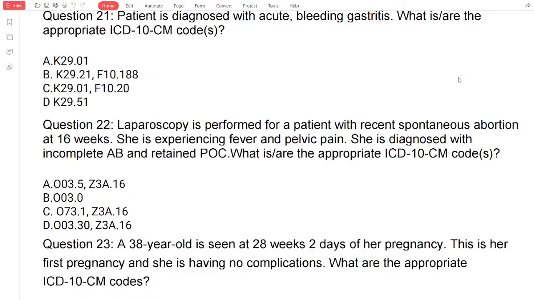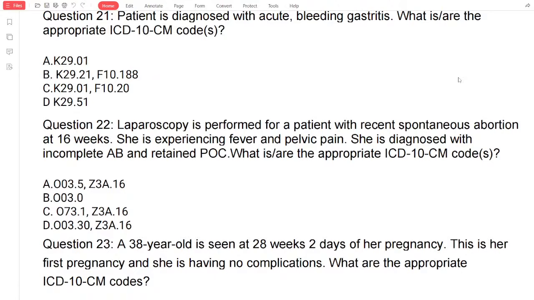No, Akash. Rasna, just check your code, dear. No, Akash, actually D is also a wrong answer. I will explain this question. Weeks of gestation, O09, should be reported only for those who are pregnant.